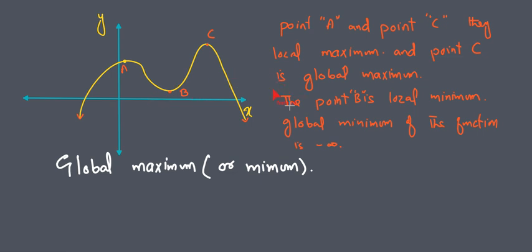There is no global minimum for this; the global minimum is approaching negative infinity because it is decreasing, it is going downward from this end and also from this end.